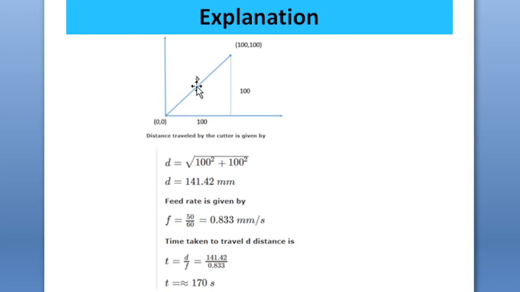This one is the starting point, this one the end point of the slot. It is incremented 100 in the x direction and 100 units in the y direction. Therefore, the distance D, the length of the slot, equals the square root of 100 squared plus 100 squared. First, we have to calculate the length of the slot.